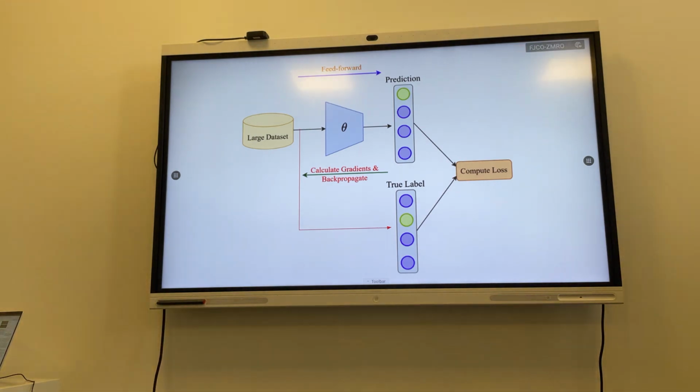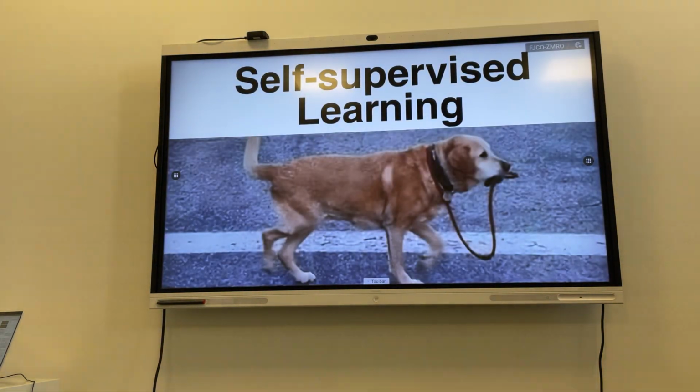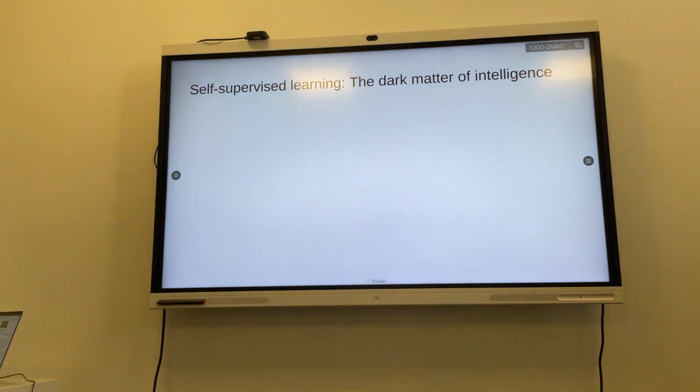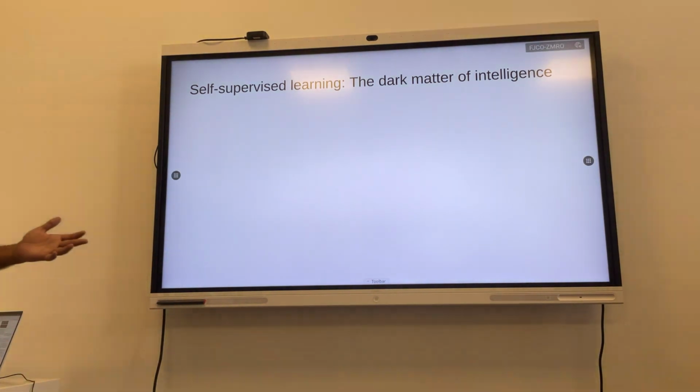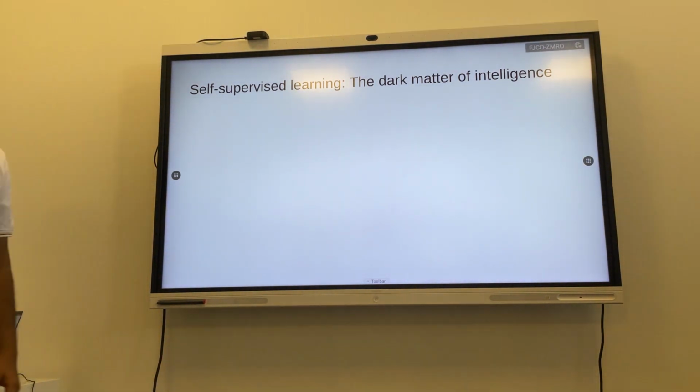We can think of self-supervised learning as self learning. One of the pioneers in this field, Professor Yann LeCun, calls self-supervised learning the dark matter of intelligence. There's a nice article which he has written, and you can read that also.